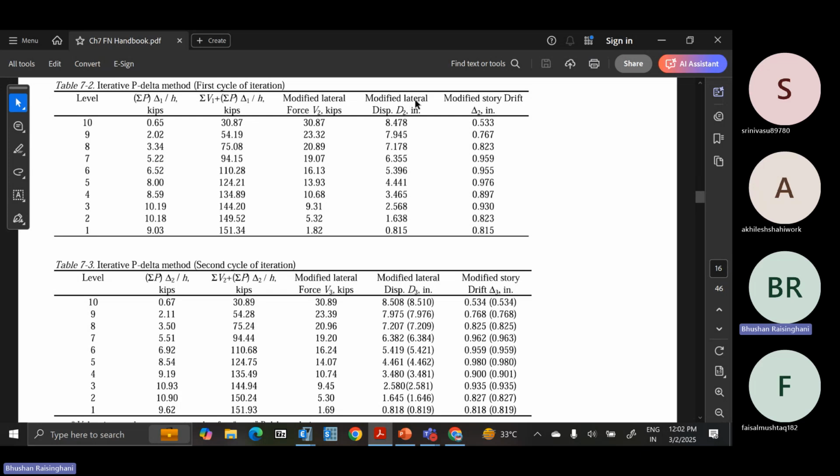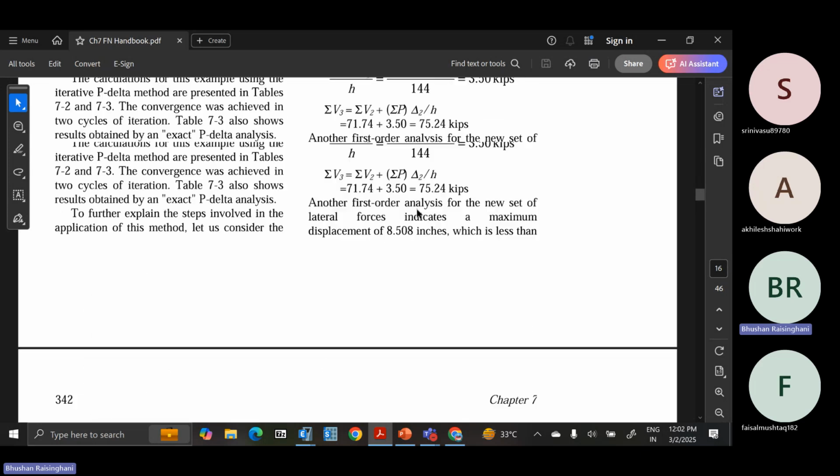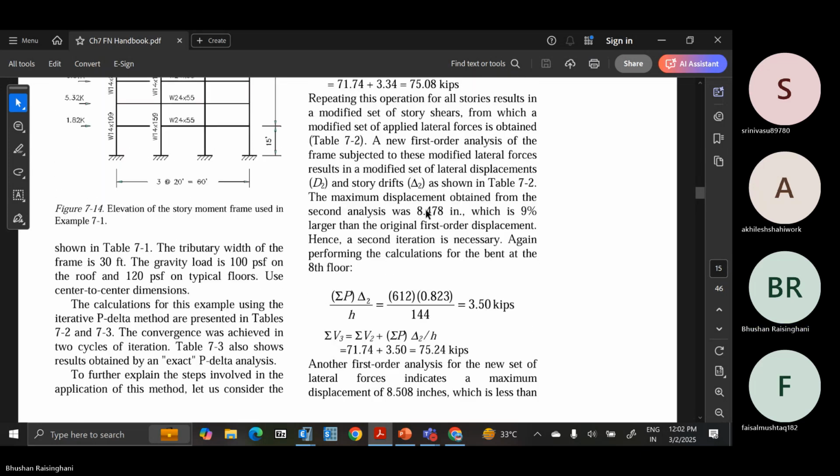Now modified lateral displacement. So how do you get this modified lateral displacement? As the force has increased, the displacement will also increase, right? So whenever you consider this lateral force with 5% higher lateral load, there will be some increase in the displacement also.